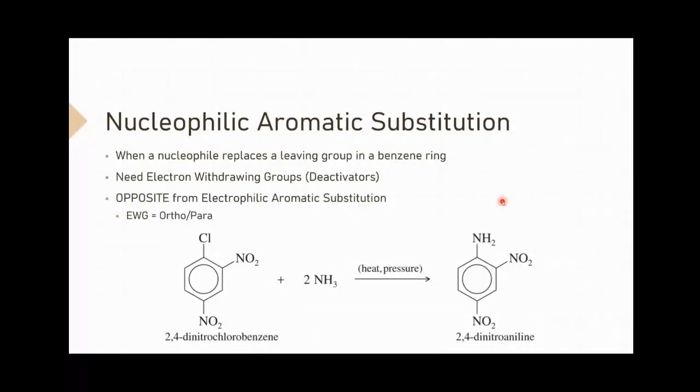Right. So with nucleophilic aromatic substitution, the ring has to be deactivated first. So once it's deactivated, if it has a leaving group, usually a halogen, it's going to replace it. So in this case, we do have deactivators and we have a leaving group, so this Cl will be replaced.